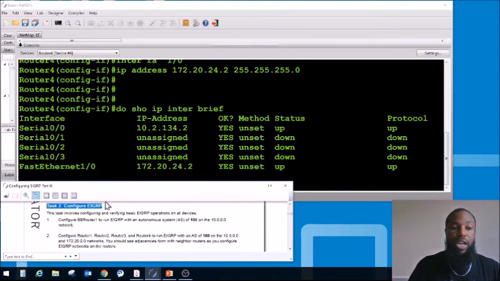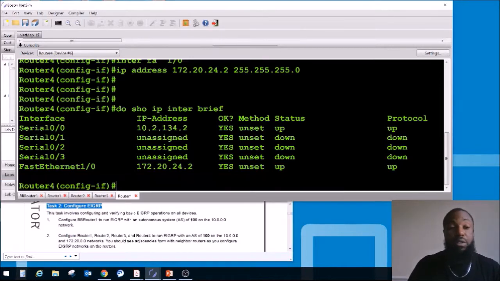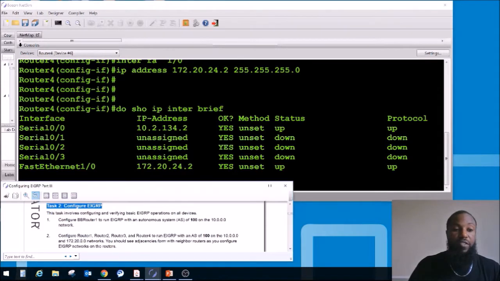Task 2, configure EIGRP. This task configures and verifies basic EIGRP operations, and that's basically what we wanted to do today. It says to configure Backbone Router 1, that's what BBR stood for, to run EIGRP with an AS of 100 on the 10 network.